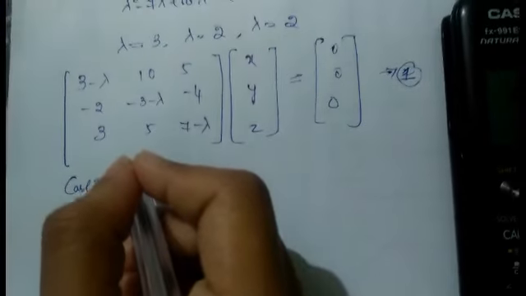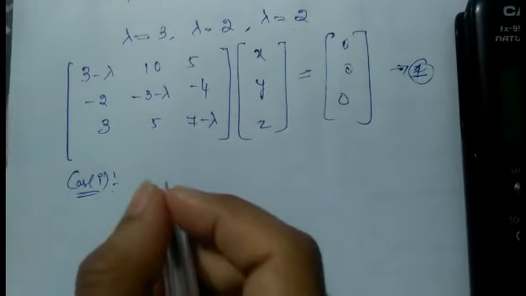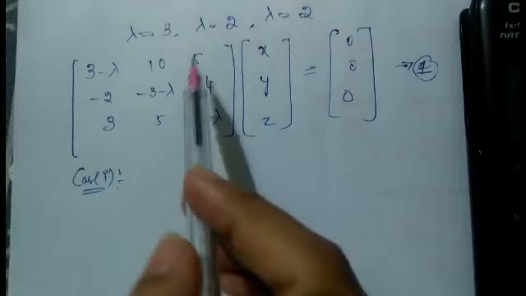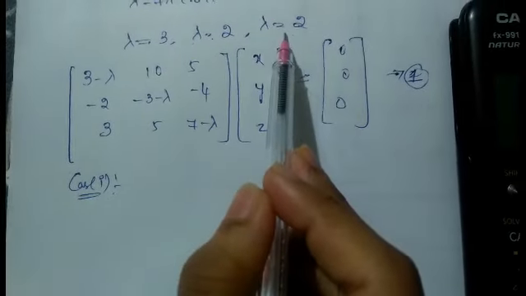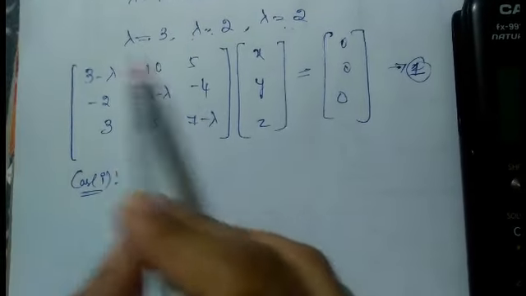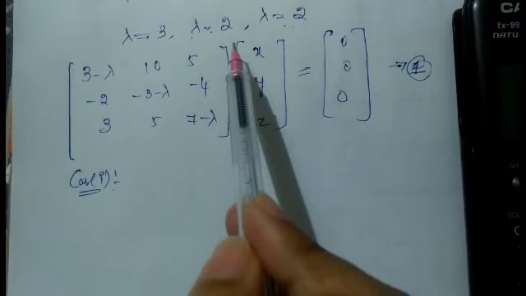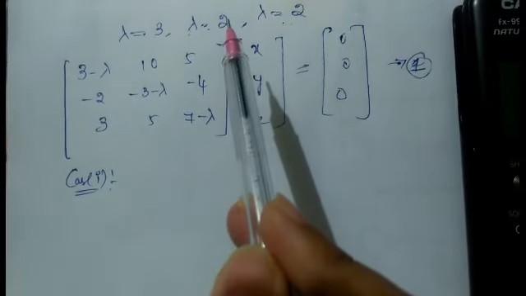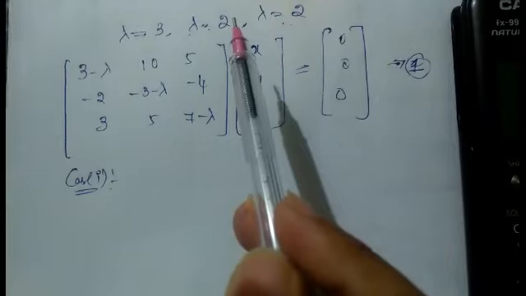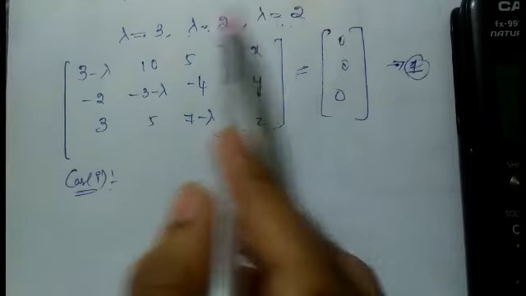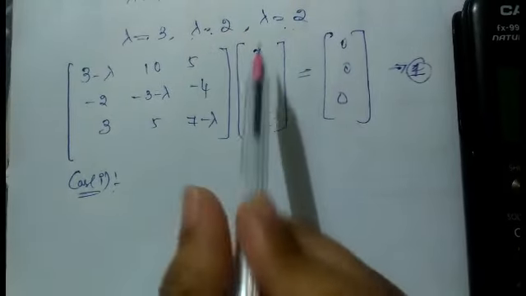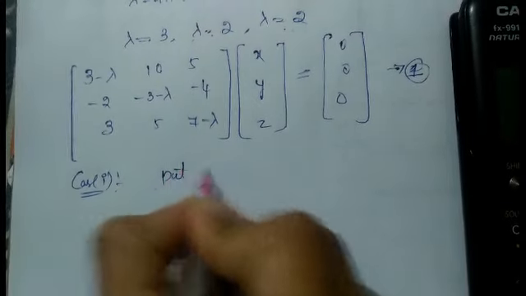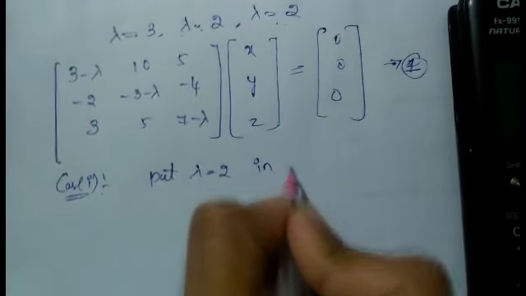Here we need to check whether the given matrix is diagonalizable or not. Just put lambda equals to 2. Here no need of taking lambda equals to 3, as at last we need to find the algebraic multiplicity and geometric multiplicity. So for that I am taking the value as only lambda 2. So put lambda equals to 2 in equation 1.